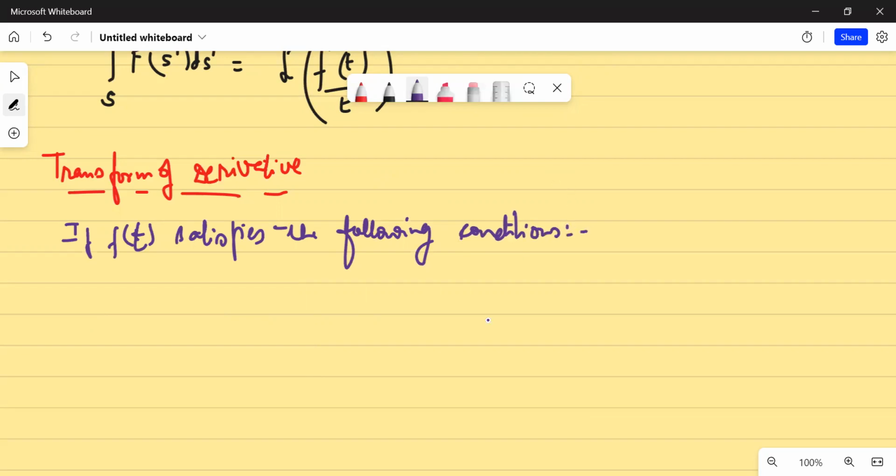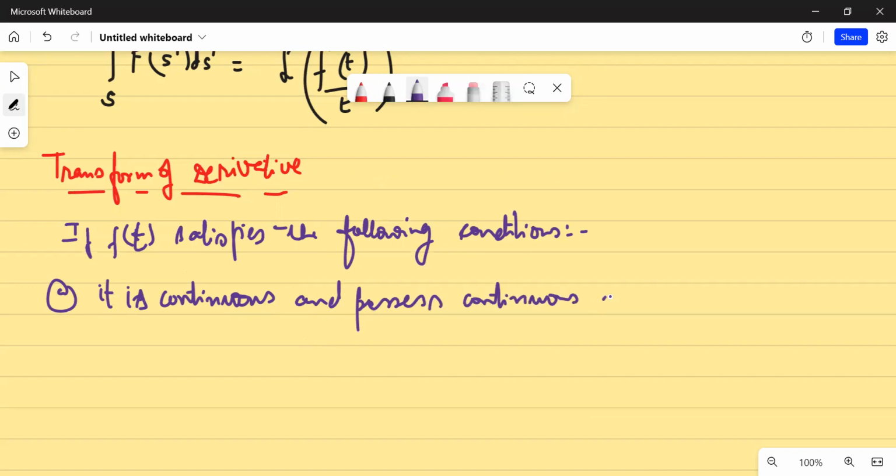One, that it is continuous and possesses continuous derivative. So the function itself is continuous and the derivative is also continuous.